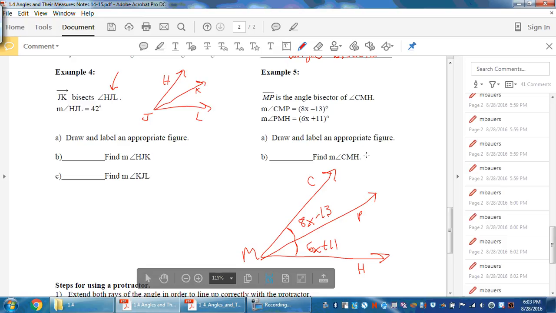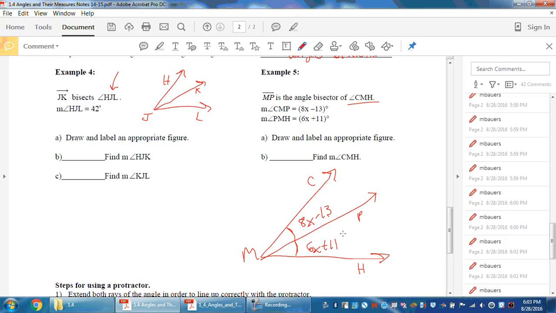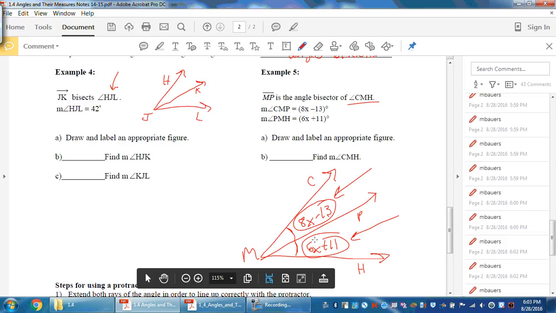So if they had told us an expression for CMH, we could do this plus this equals the whole thing. They didn't tell us that. But they did tell us that MP is an angle bisector, which means the two smaller angles, this one and this one, have to be congruent. So we're just going to set these equal to solve for x.